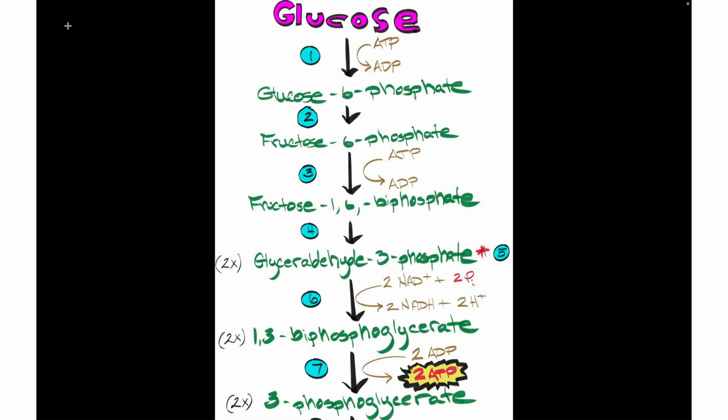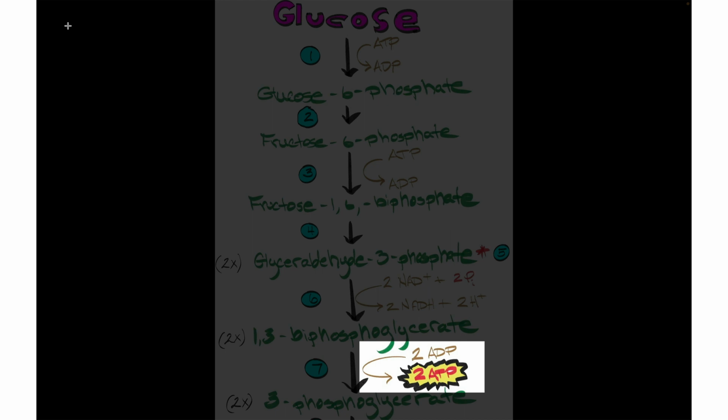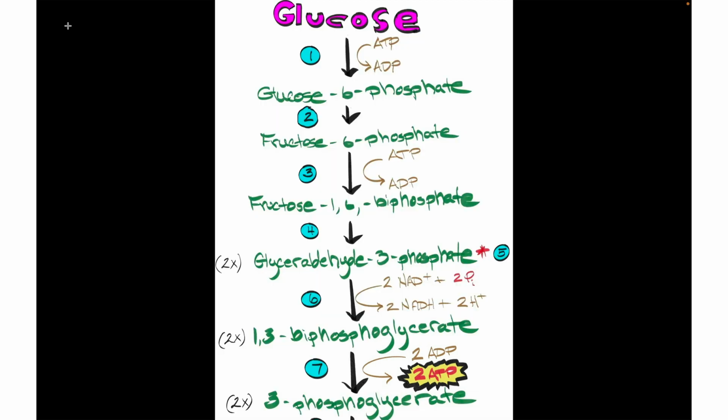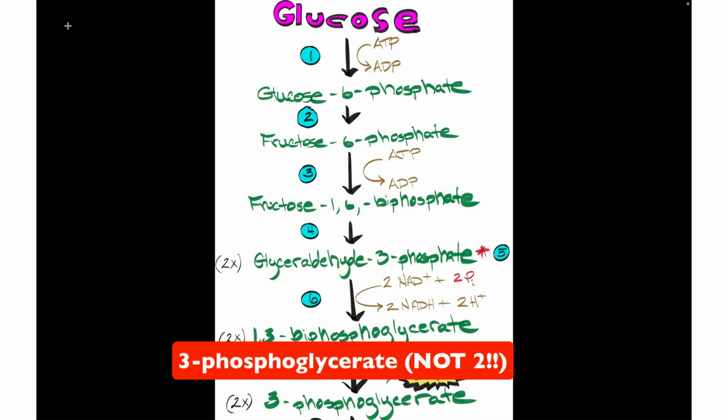Moving on to step 7. This is the first step where ATP is being produced. The conversion of 1,3-biphosphoglycerate into 3-phosphoglycerate is going to result in the production of ATP. And the reason why it produces 2 ATP molecules is because we have 2 molecules of 1,3-biphosphoglycerate being converted into 2 molecules of 3-phosphoglycerate.